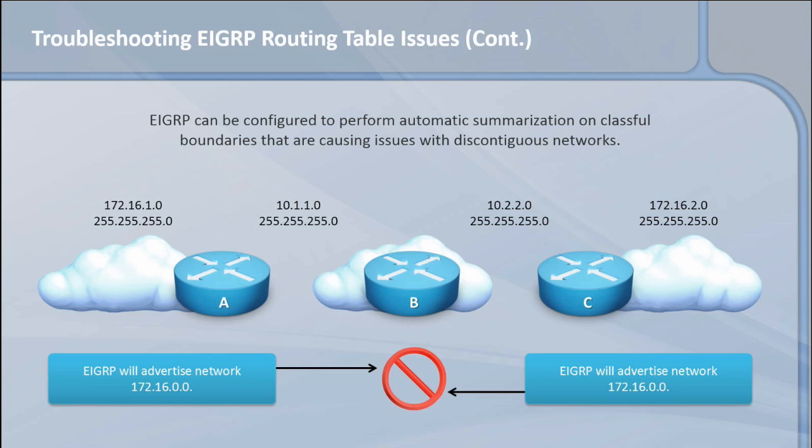Another problem that could get you into trouble is the auto summary. EIGRP performs auto summary many times by default. What that means is if you're on a classful boundary, that's what's happening here. He's got 172.16 addressing on one interface and 10 addressing on the other interface. What your router's doing here is he says, you're a smart guy or girl.